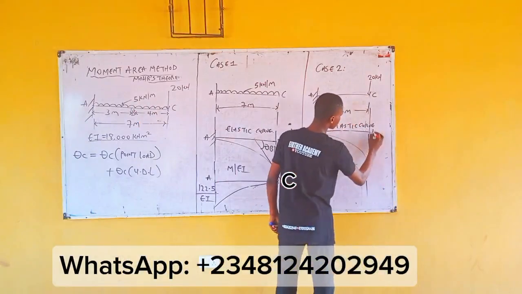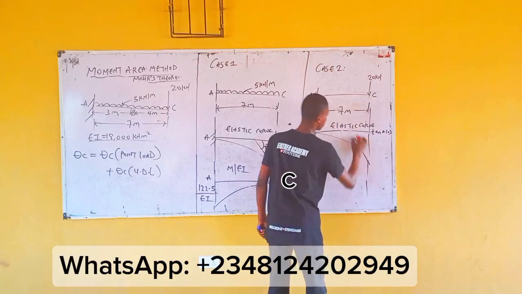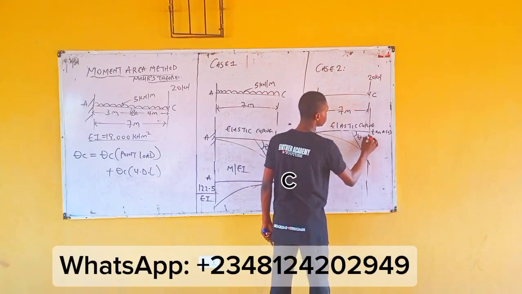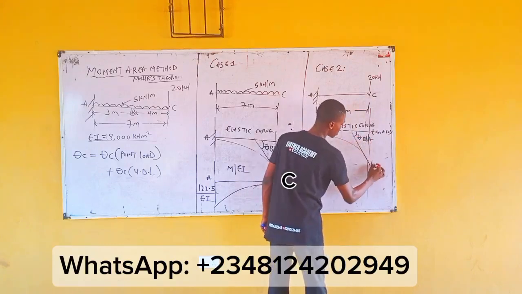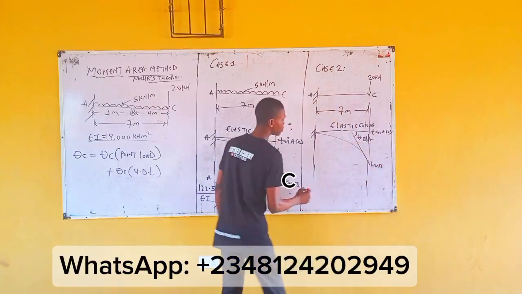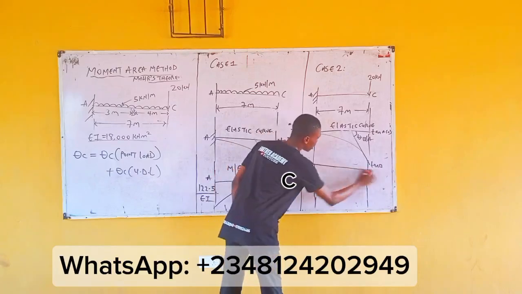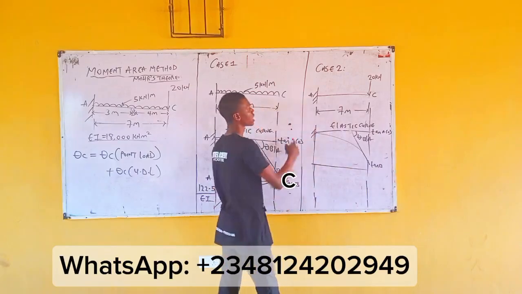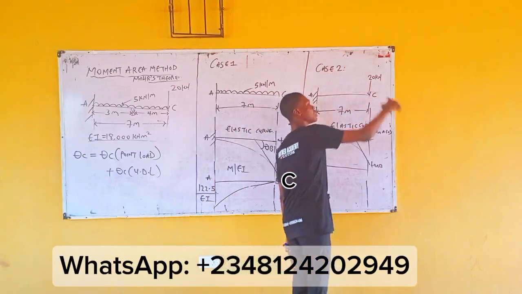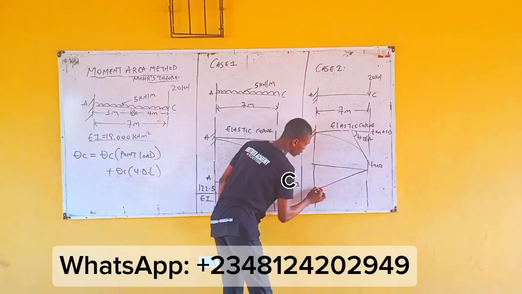So you are still replicating this. This is tangent A, which is 0. This is theta B to A. This is tangent B. Then from here, let's draw a bending moment diagram. For a cantilever beam loaded with a point load at the free end, this is your bending moment diagram.